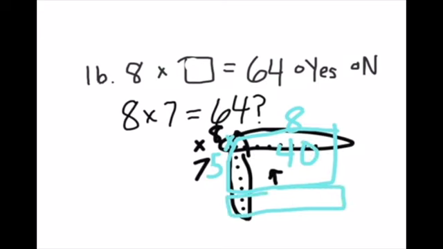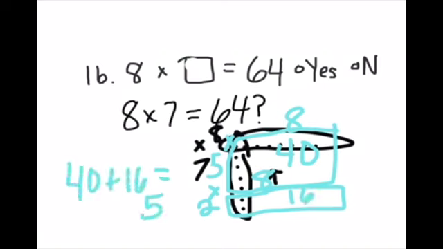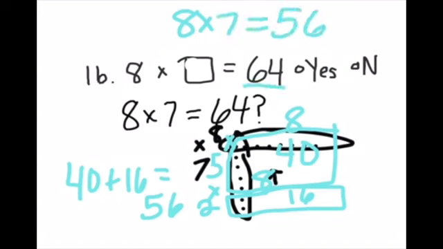And then I have 8 times 2, and that's 16. What's 40 plus 16? 56. Nice job. So that 8 times 7, well, that's 56, not 64. So again, no, that's not true.